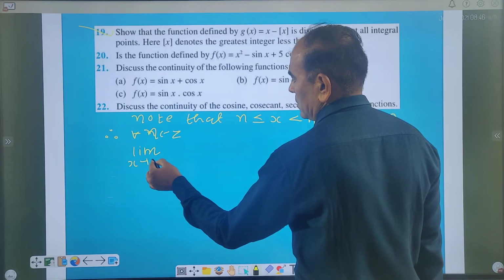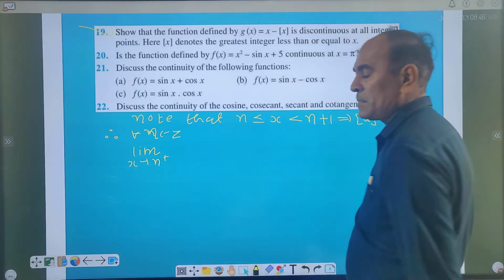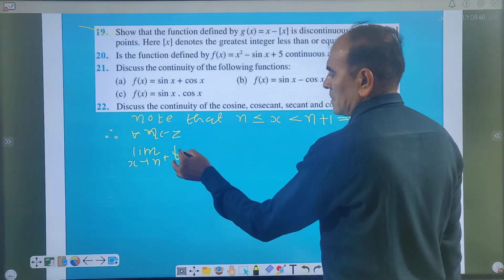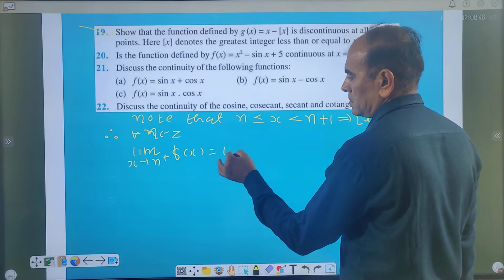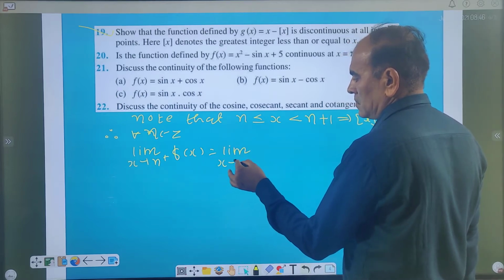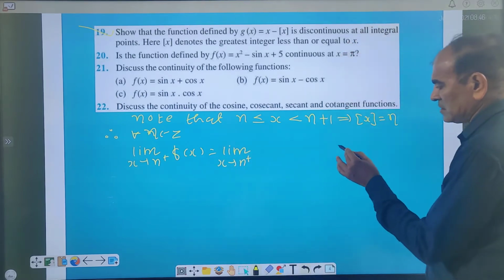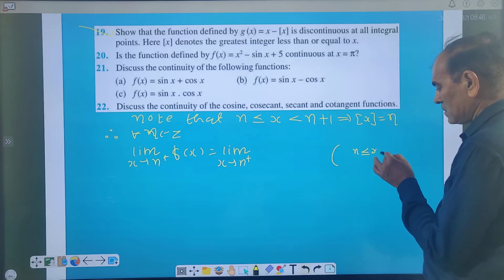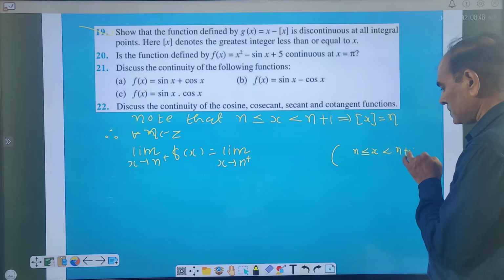find out the limit. Why am I taking left and right limit? Because integer part function is f of x is equal to limit x tends to n plus. Means what? n less than or equal to x less than n plus 1.